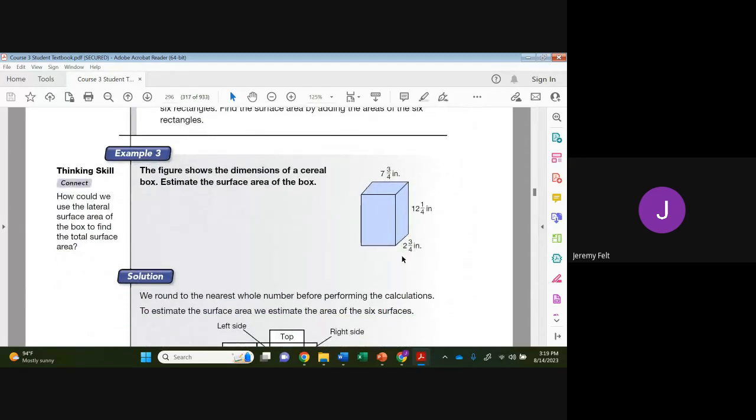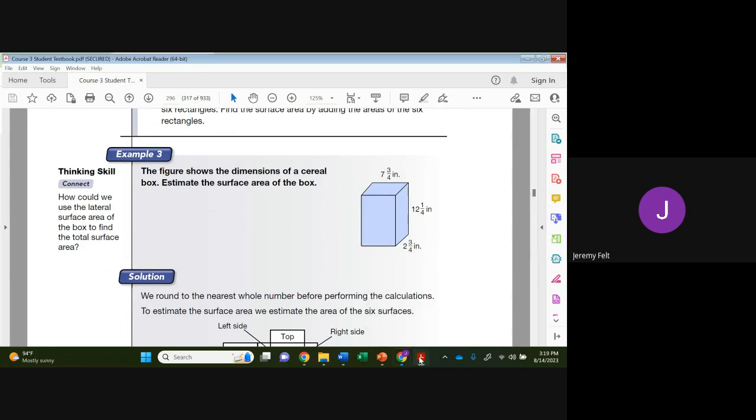So we have dimensions of a cereal box, so estimate the surface area of the box. So estimate tells us we can round up or down. So we would have 8, 12, and then 3.